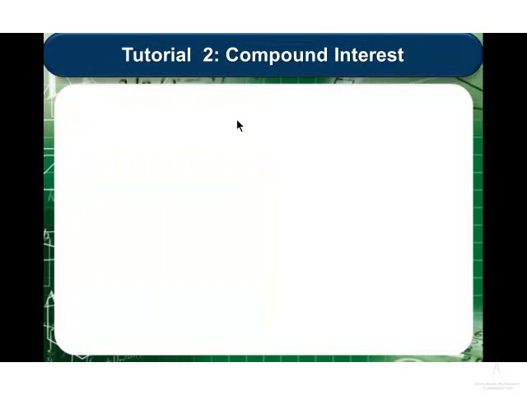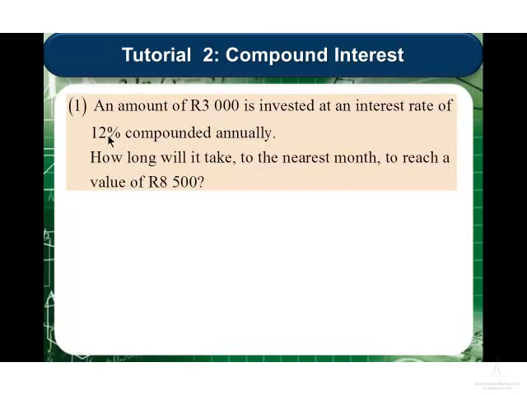I think you will be ready now to tackle a tutorial on compound interest. So in tutorial 2 we have 2 problems. In the first one, an amount of 3,000 Rand is invested at an interest rate of 12% compounded annually. How long will it take, to the nearest month, to reach a value of 8,500 Rand?